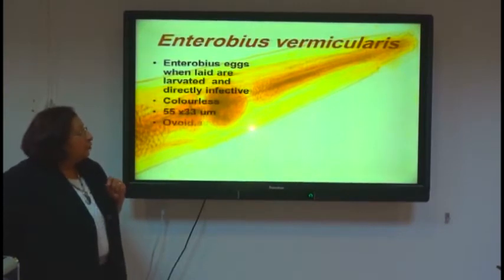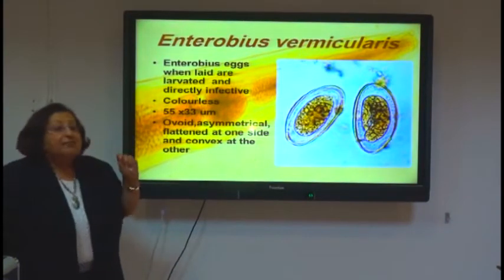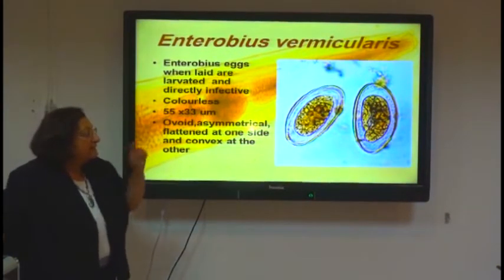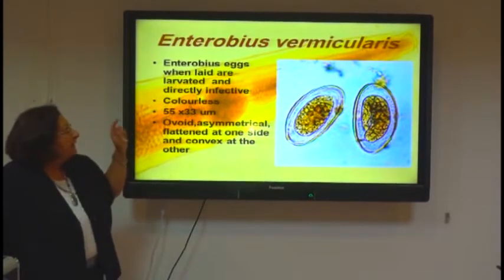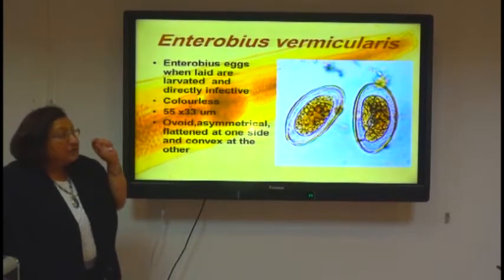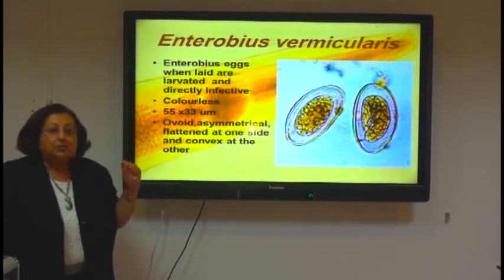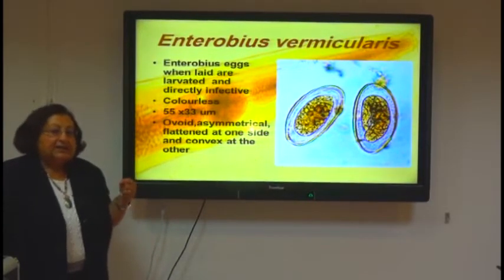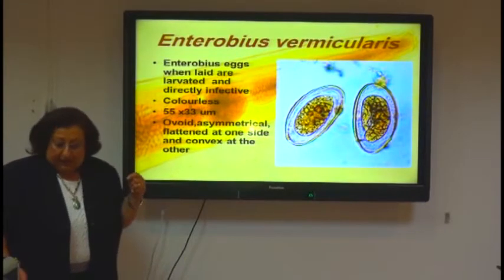The egg of Enterobius is very characteristic because, as we will see, it is asymmetrical in shape. These are mature when laid. That is why it is infective directly as soon as the person eats it or it gets into the intestinal tract.